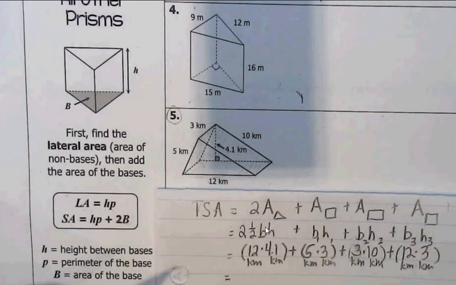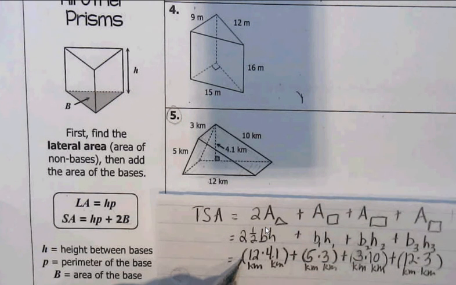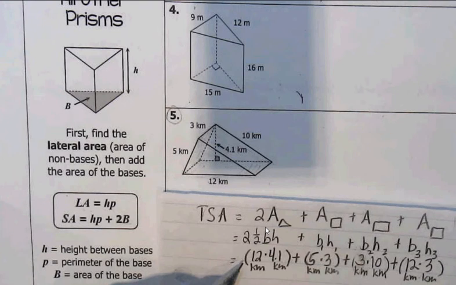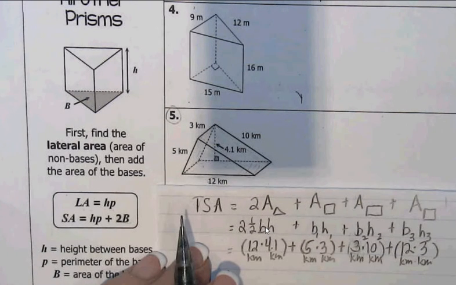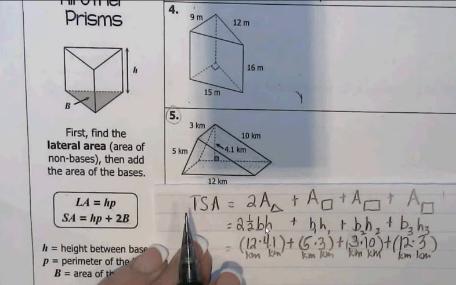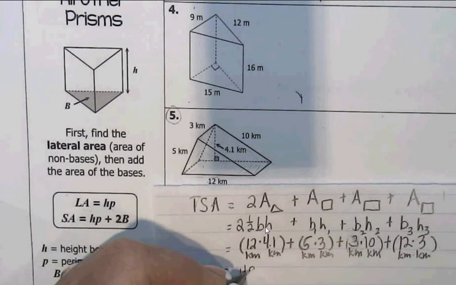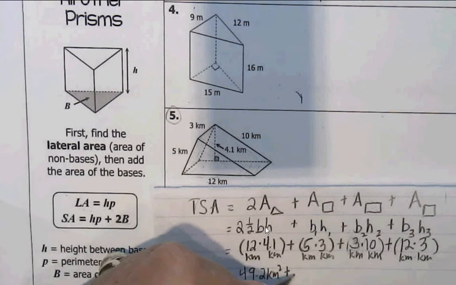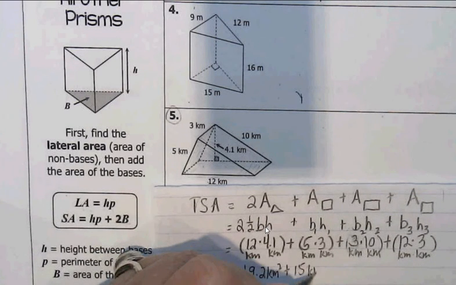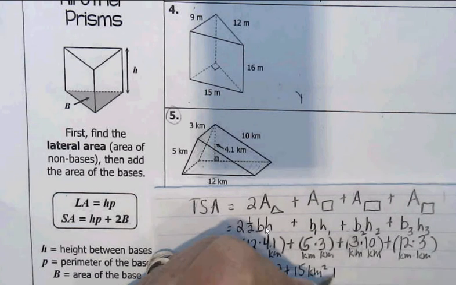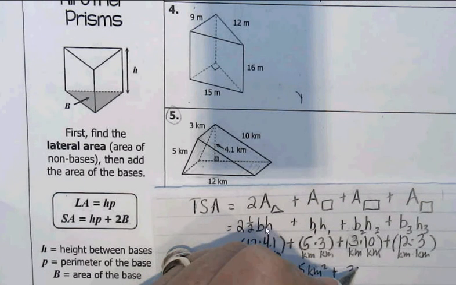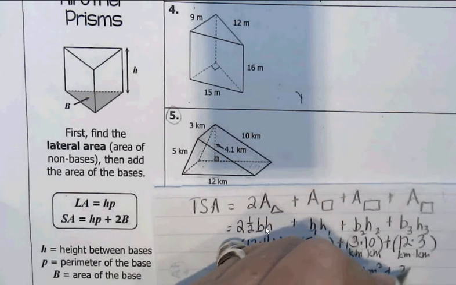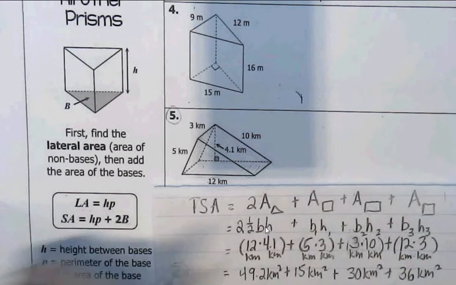And now I'm going to sum this up. 12 times 4.1, that's 48 plus 1.2, or 49.2 square kilometers. 5 times 3 is 15 square kilometers. 3 times 10 is 30 square kilometers, and 12 times 3 is 36 square kilometers.